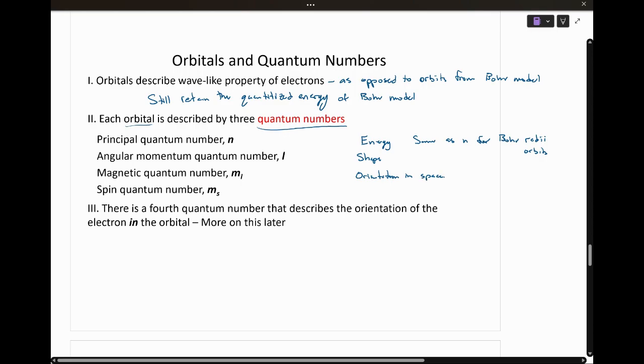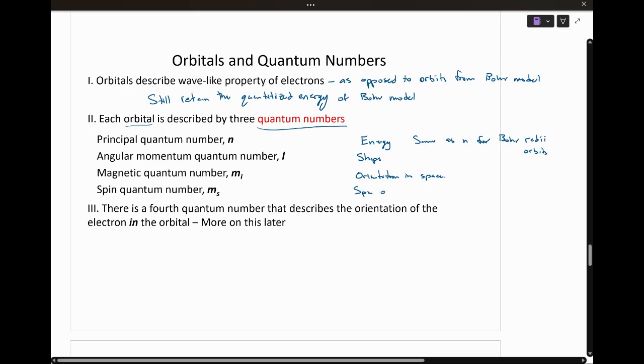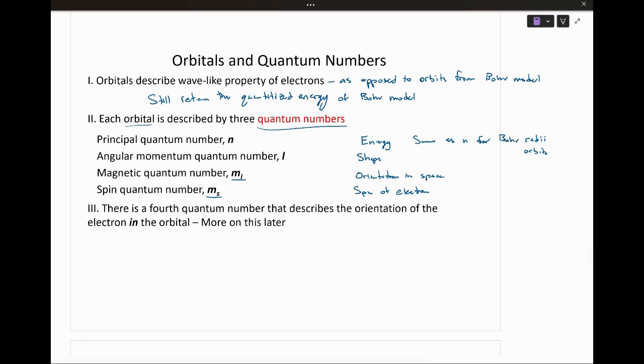And then there's a fourth quantum number, which speaks specifically about the electron itself. And this is going to be m sub S, the spin of the electron. And when I say m sub L and m sub S, I'm just saying that those letters are in the subscript.